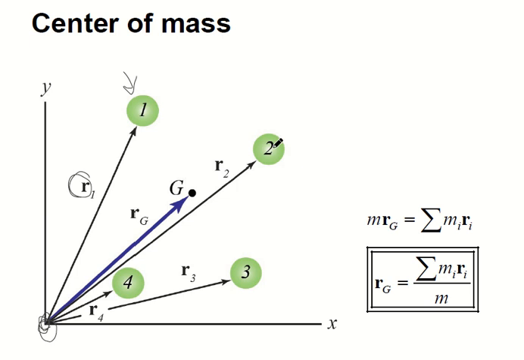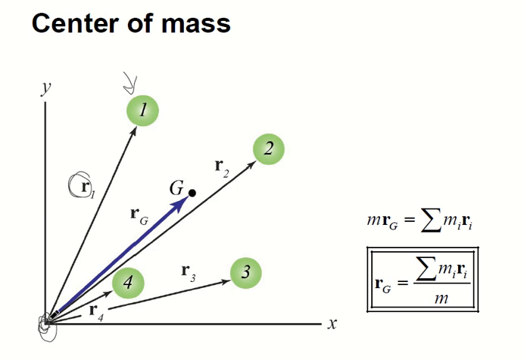The second particle is away from this origin by R2. Your third particle is R3 away from that origin. This is, of course, the x, y axis, because we're concentrating on these four particles. Particle number 4 is R4 distance away from that reference point.